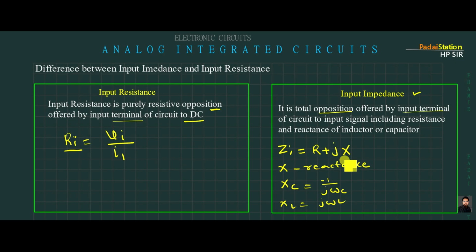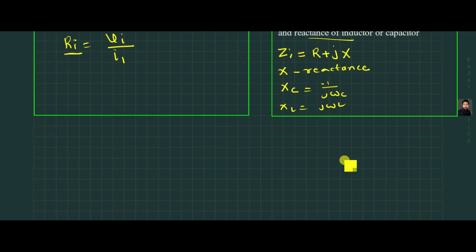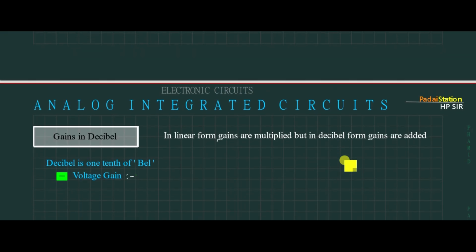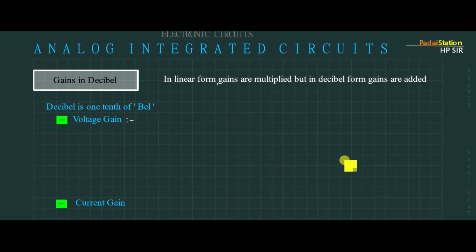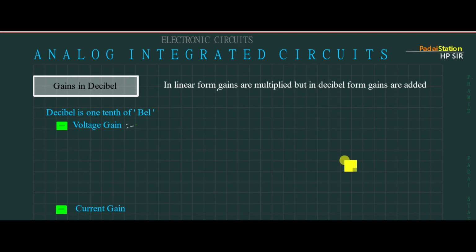So what is the decibel? Decibel is the measure of voltage gain. Linear gain is defined as follows: if Av is the voltage gain, it is defined as V naught divided by Vi, output voltage by input voltage.